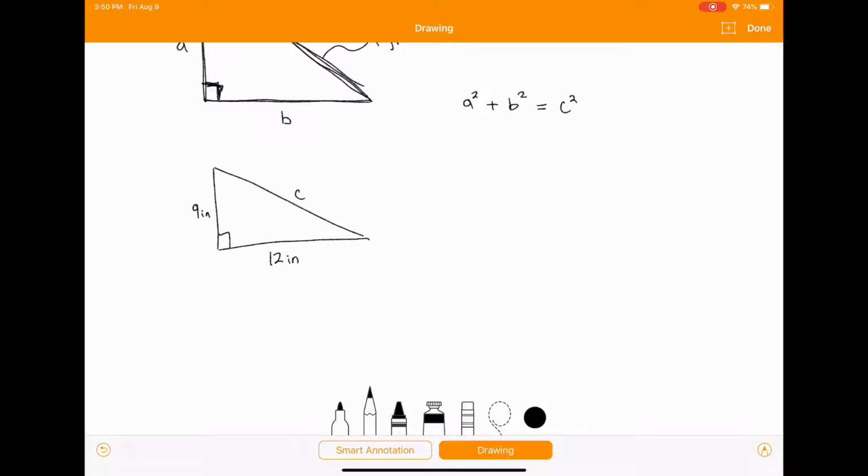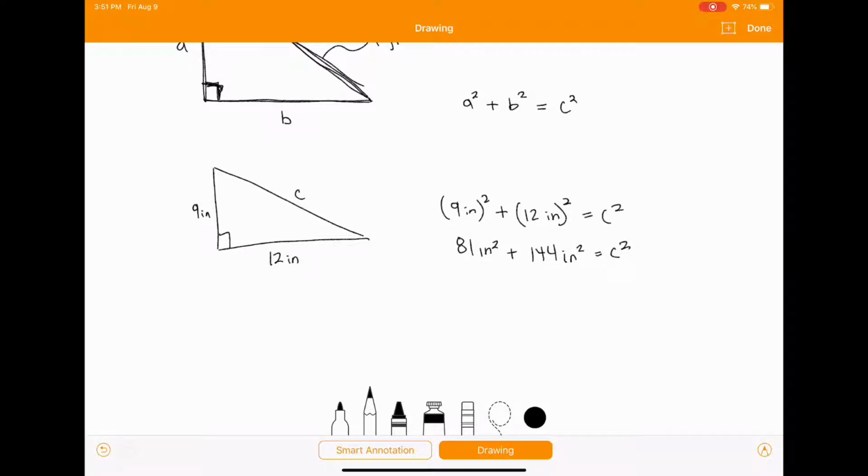You can go ahead and plug these numbers into this equation for the Pythagorean theorem, and you can solve for C. So A we know is 9 inches, so 9 inches squared, plus B we know is 12 inches squared equals C squared. So 9 squared, that's going to be 81 inches squared, plus 144 inches squared equals C squared.